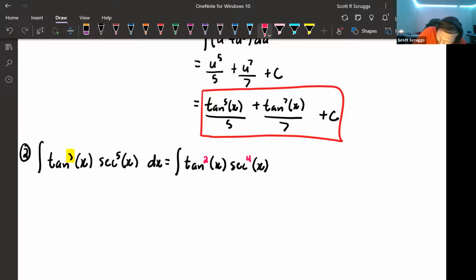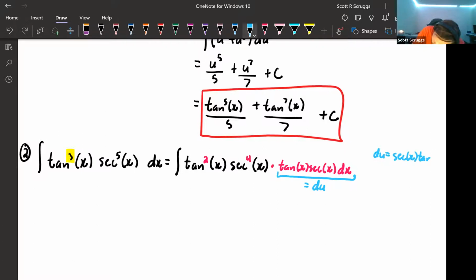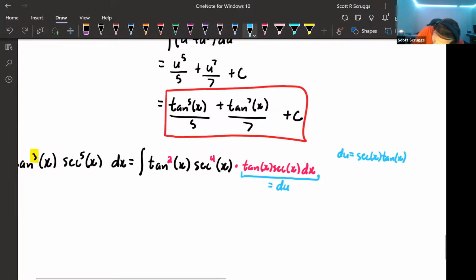And marrying that tangent and secant with dx. Again, I am doing that because I want that to serve as my basis for du. Because that is my basis for du, it gives me a good indicator of what u is going to be.